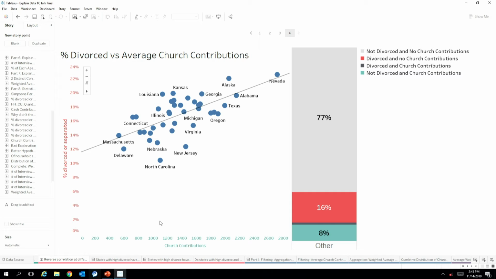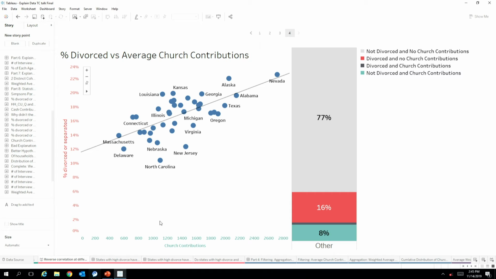And so this is where we need to start thinking, what's the overlap between the proportion of people who are divorced and making church contributions, and what's the total percentage of people making church contributions, and is it possible that of that small cohort, the average is just being dragged up by a couple of outliers?